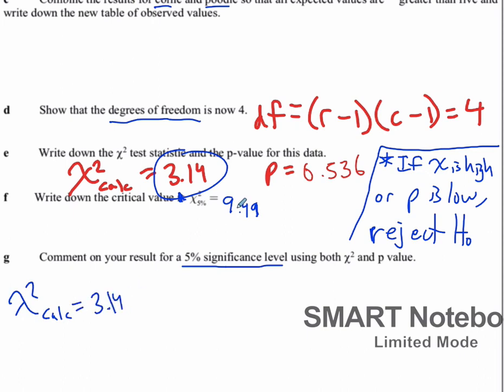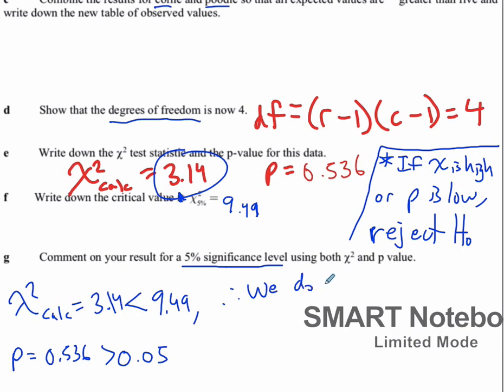So our calculated chi-square value is 3.14. That is not high because it's lower than the critical value. So it's not high, and the p-value is 0.536, which is actually bigger than 0.05, the significance level, which is 5%. So it's neither of these things. Chi is not high and p is not low, so we do not reject H0.